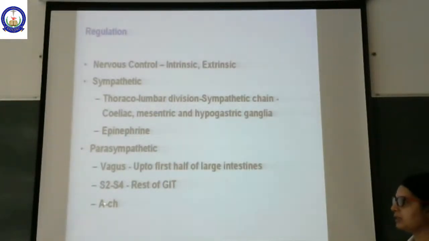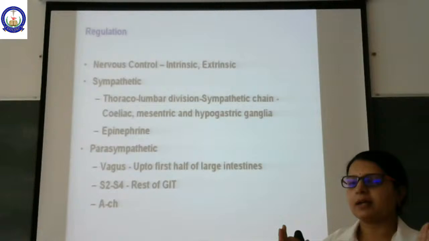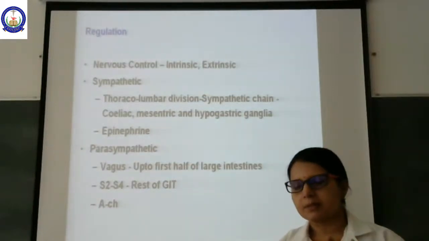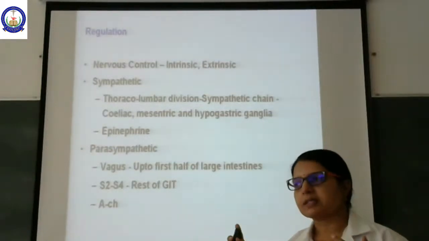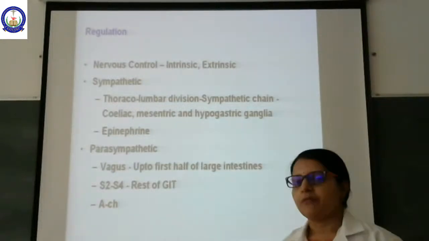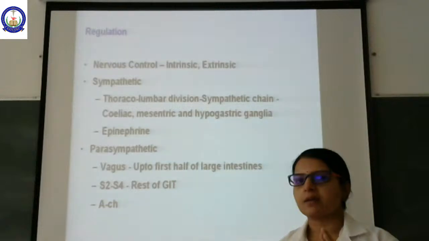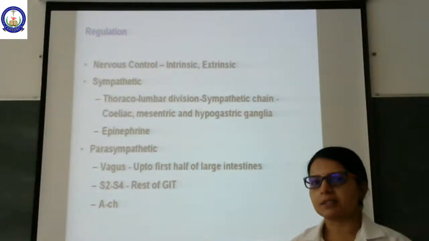And the neurotransmitter is acetylcholine. So just remember, the entire gastrointestinal tract is under the control of the sympathetic and parasympathetic systems. In sympathetic, the neurotransmitter is adrenaline, that is epinephrine. Whereas the parasympathetic is always through the vagus nerve. Whenever the vagus nerve is there, acetylcholine is the neurotransmitter.